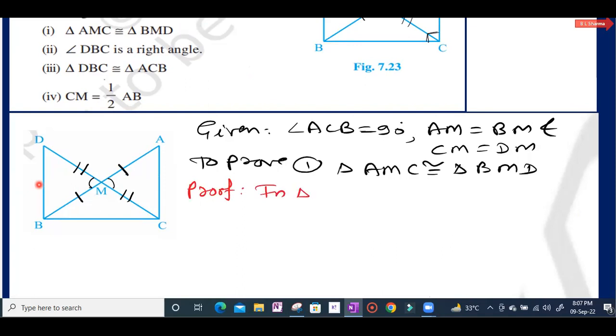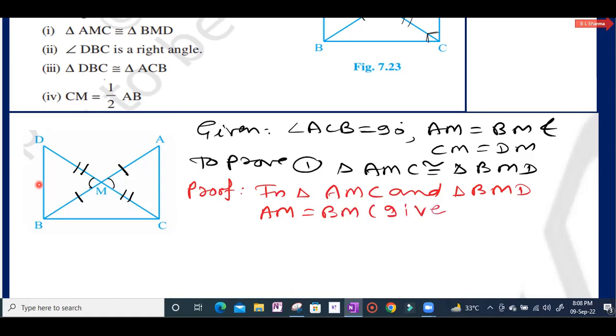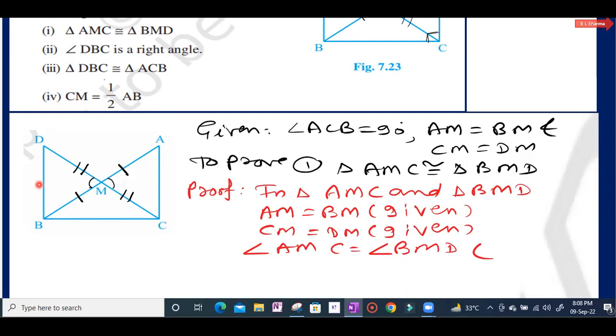Proof here. In triangle AMC and triangle BMD, AM is equal to BM, this is given, CM is equal to DM, this is also given, and angle AMC is equal to angle BMD. You know why? These are vertically opposite angles.